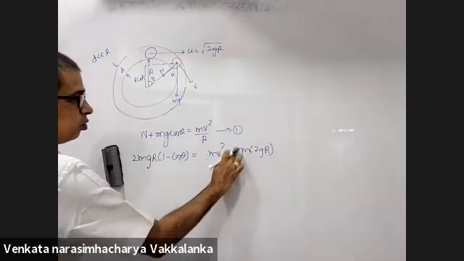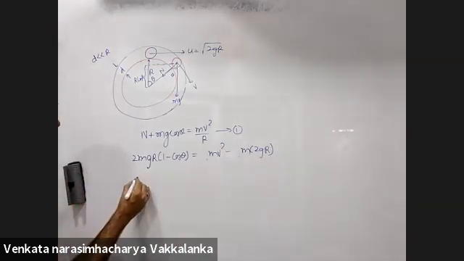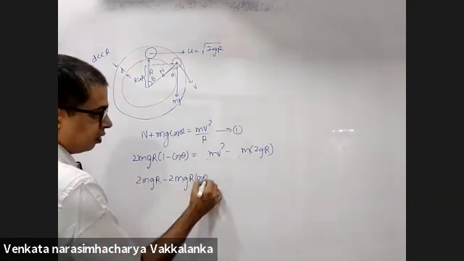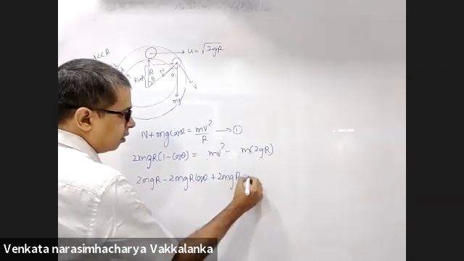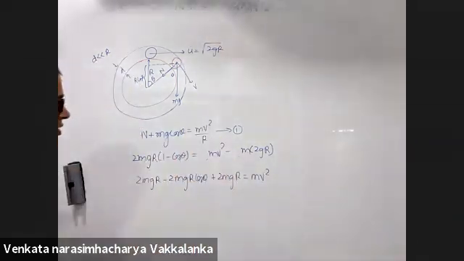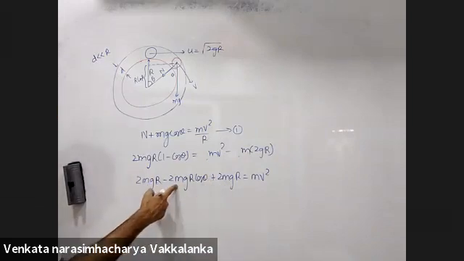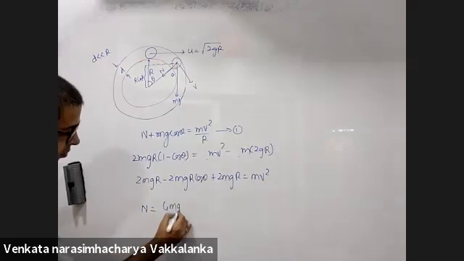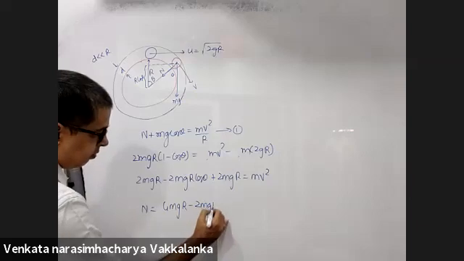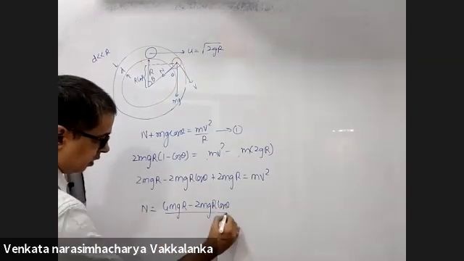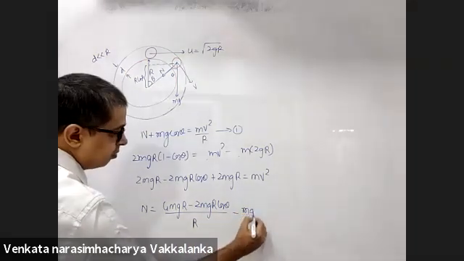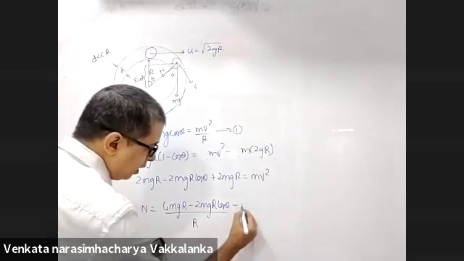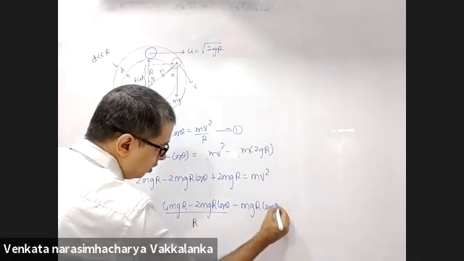So 2mgr minus 2mgr cos theta plus 2mgr is equal to mv square. This is 4mgr minus 2mgr cos theta. N is equal to mv square divided by r minus mg cos theta, which is 4mgr minus 2mgr cos theta over r, minus mg cos theta. Take the LCM there. It will become minus mg r cos theta with r also.